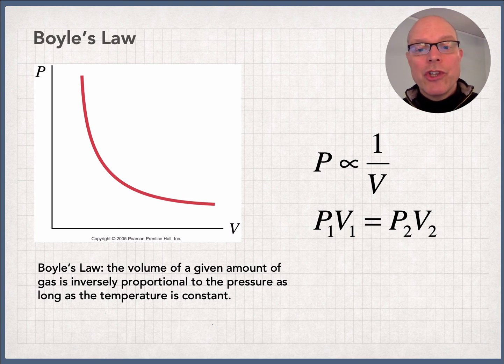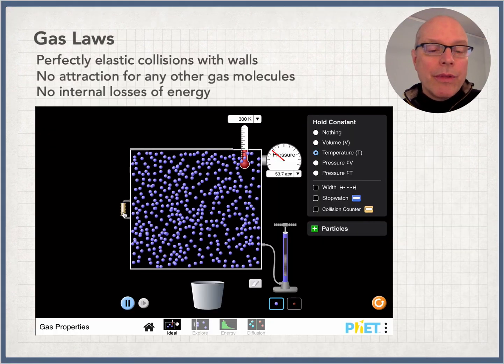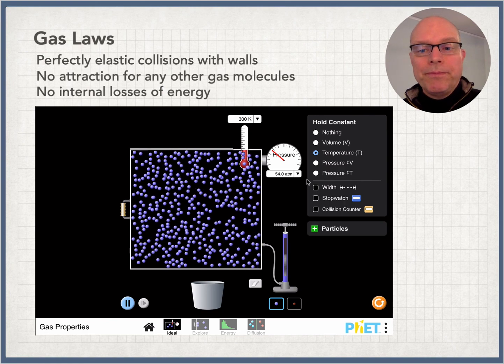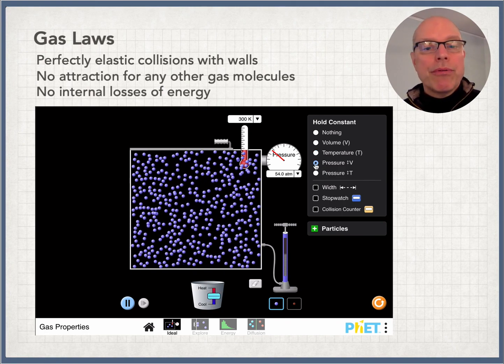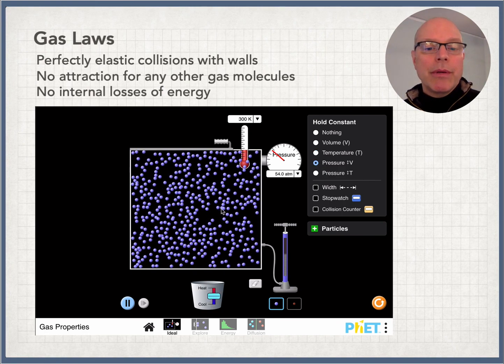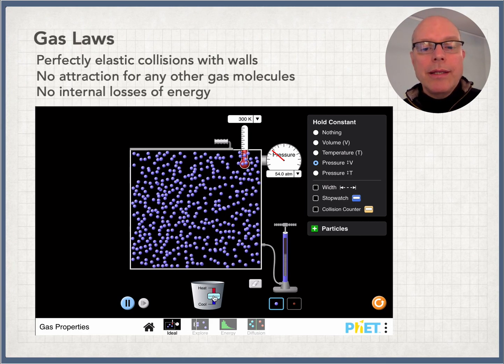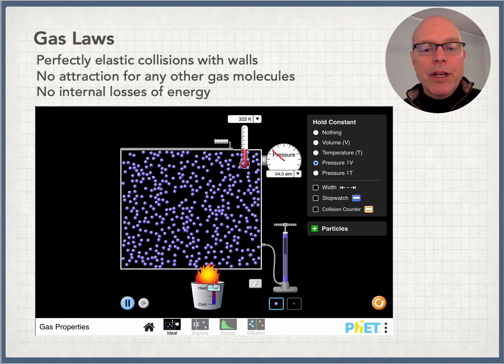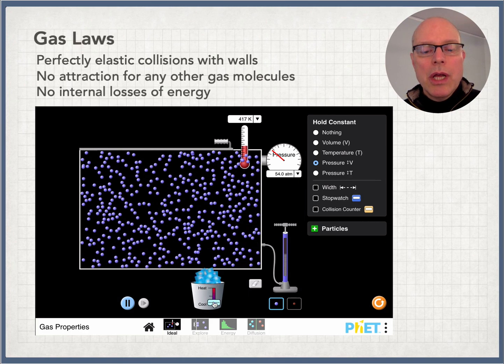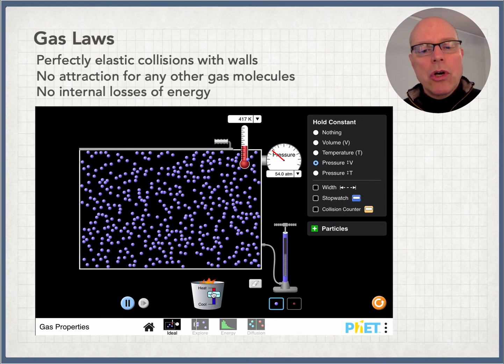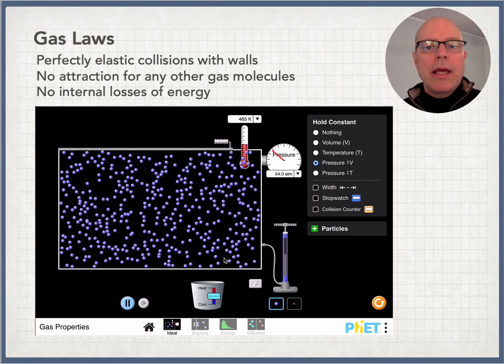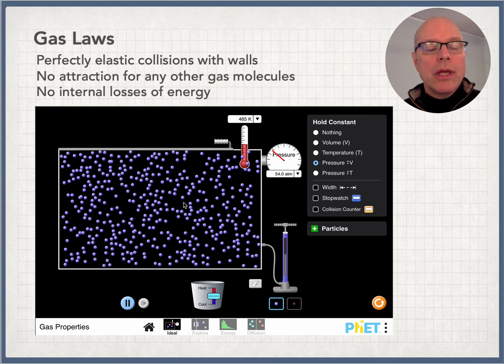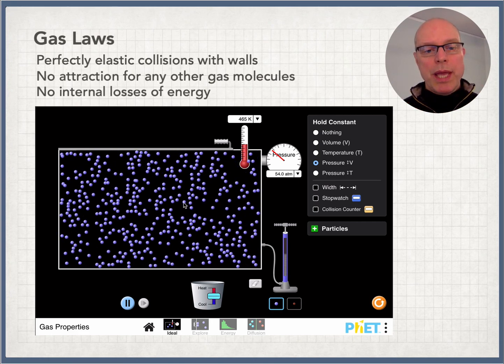So let's go back to our sim and see if we can discover another one of the named gas laws. So in this simulation, what I want to do is go ahead and keep the pressure constant and play with another variable. Let's add a little heat to that and see if my common sense turns out to be true. Oh my goodness, it's as though when I add heat, in order to keep the pressure constant, the container has to expand.